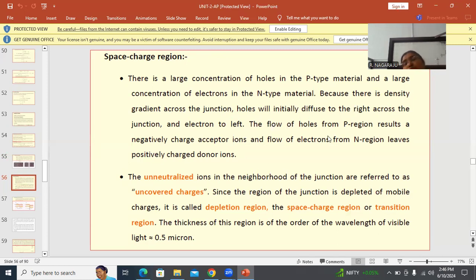The flow of holes from the P region results in negative charge acceptor ions, and the loss of electrons from the N region leaves positive charge donor ions. This is how, when you combine both P-type and N-type, the PN junction formation takes place. Okay, this is how we'll end the session.